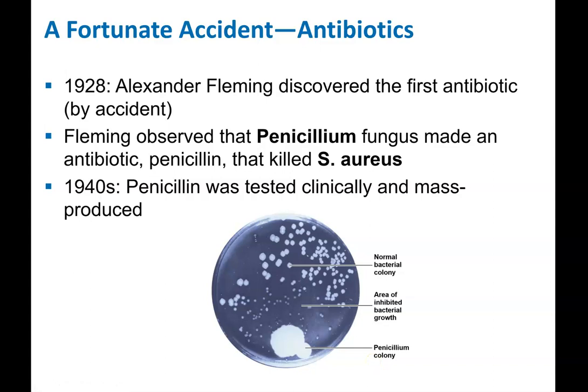And he realized the importance of that: maybe the mold is producing a chemical to inhibit the bacteria. So he studied it, he isolated the chemical, named it penicillin, they tested it, it seemed to work, so they mass produced it, had to go through clinical trials, obviously, and the rest is kind of history.